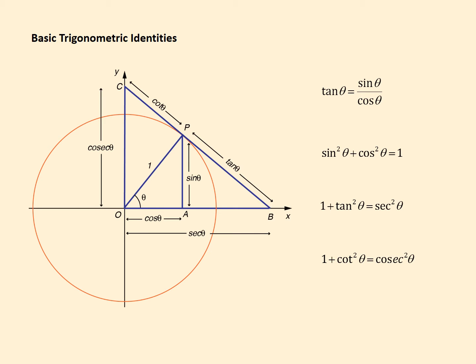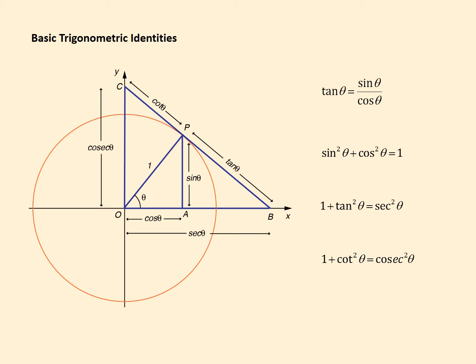Similarly, what goes with sec theta to complete the triangle is cosec theta, and what goes with sine theta is the cosine of theta. Now, from the definition of tan theta in triangle OAP, tan theta is opposite over adjacent, which is sine theta over cos theta, and that gives the first identity.